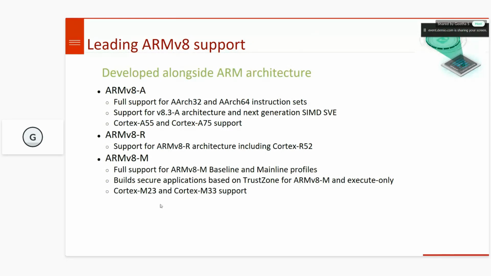ARM V8M. You may say V8M is not a 64-bit architecture. It's correct. V8M was specifically designed by ARM for only a few processors like M23, M33, M55, M85, specifically for IoT applications. Because for IoT, security is the utmost concern.